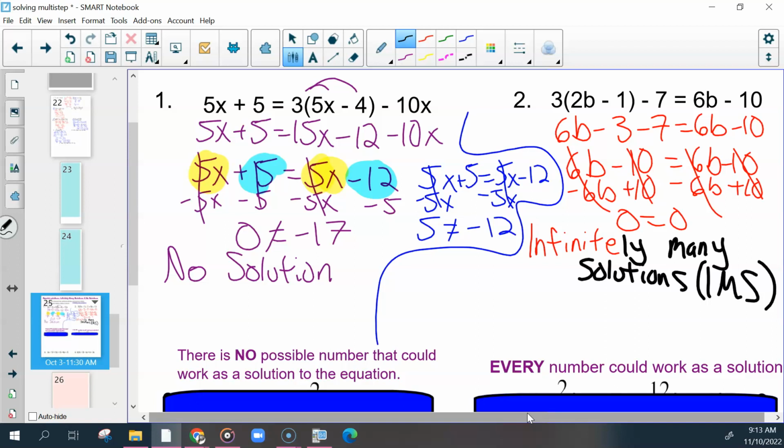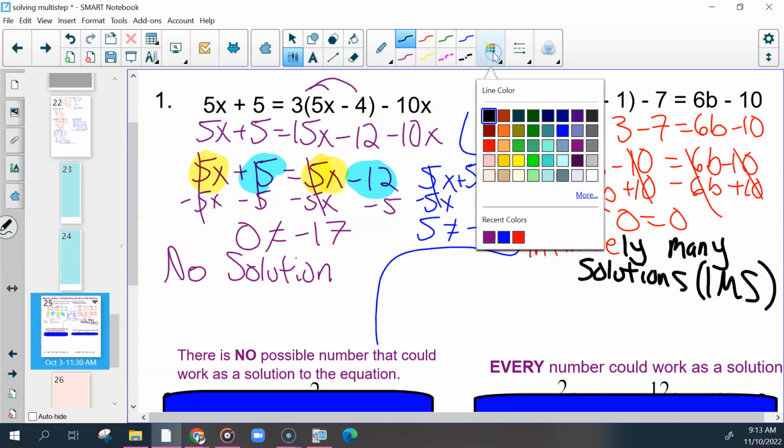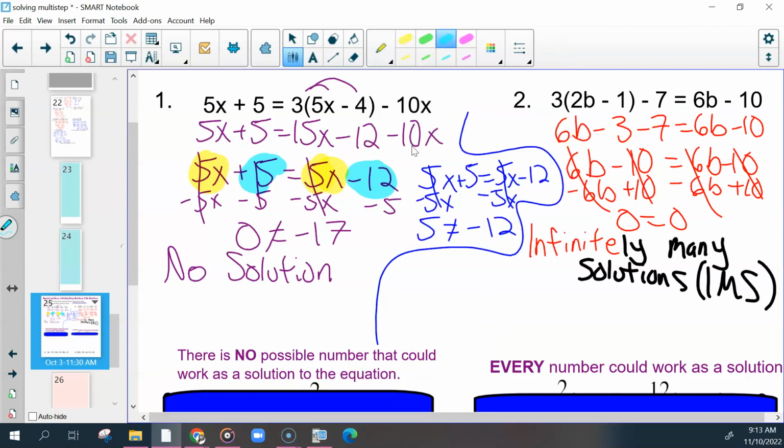If you put it into this equation, it will always work. So, earlier when we were talking about similarities, if you see that both sides are identical, everything is the same, you could stop there, say this is IMS, and you don't have to continue solving. If you don't recognize that, you'd have to keep solving.